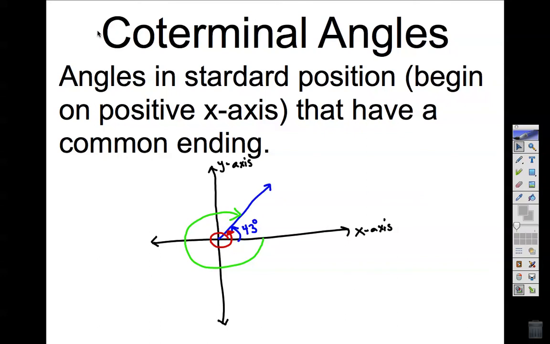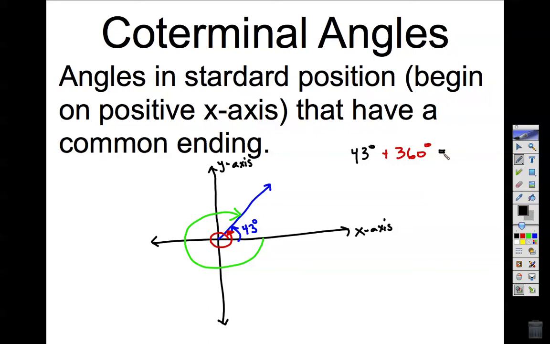What are those answers going to be for these two coterminal angles? So we have 43 degrees. What happened to this red one? What did I do? I actually made one full turn compared to this 43. So I am going to be adding 360 degrees to that.